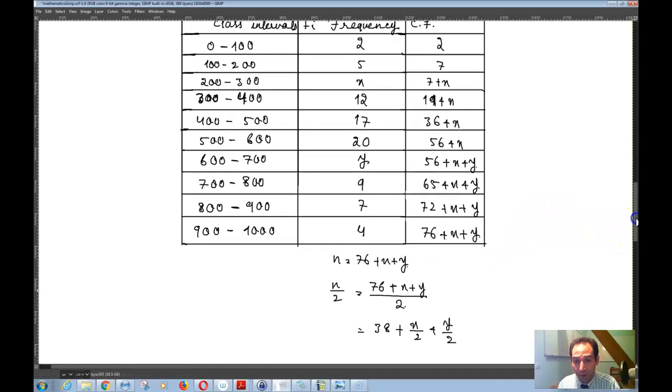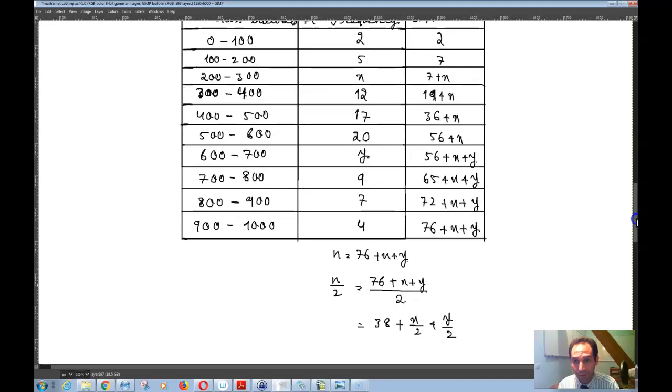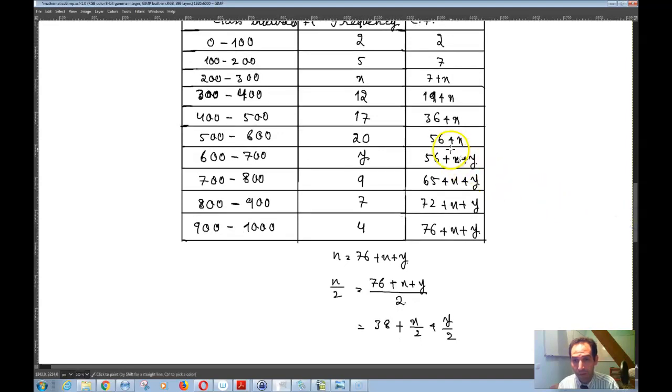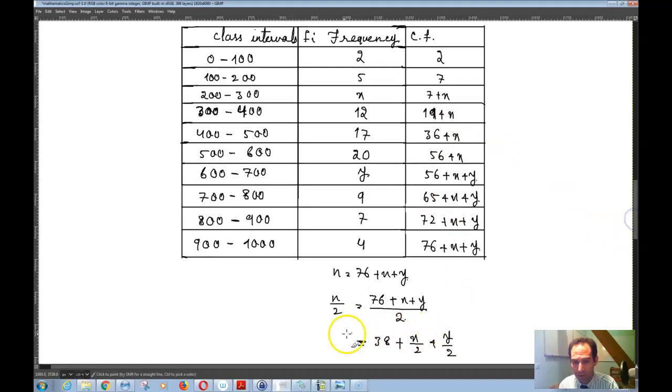So now how can I find the median class? If this is the value of n divided by 2, I have to go for the class whose cumulative frequency is greater than this number.